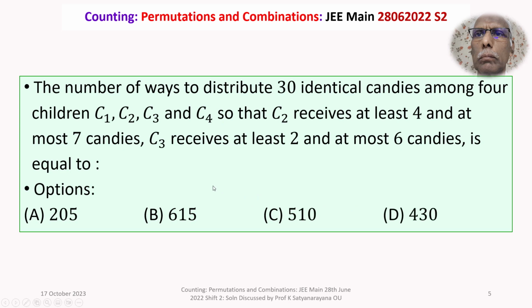The question is that we have 30 identical candies, and these are distributed among 4 children C1, C2, C3 and C4, with the constraints that C2 receives at least 4 and at most 7 candies, and C3 receives at least 2 and at most 6 candies, with no constraint on C1 and C4.